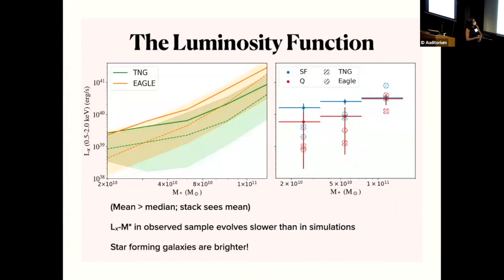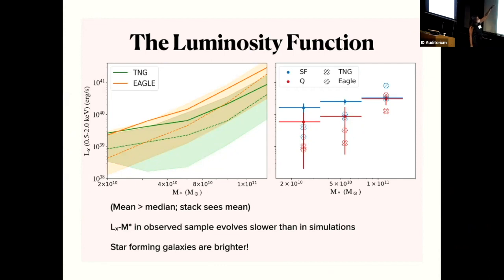But before I go there, let me start out with just the stellar mass X-ray luminosity relation. This is one of the first two measurements of this in the field with opposite results, which is exciting, right? So, one caveat I feel the need to mention. Here you'll see green is TNG, orange is EAGLE.